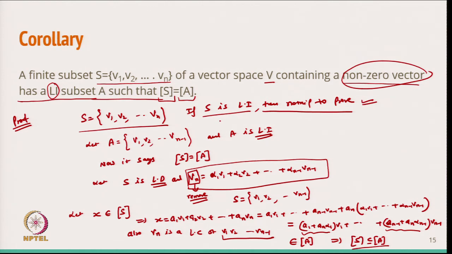Okay. So, from here I am taking that if S is linearly dependent, then we have taken a subset of S, that is A, which is Li, and then I have proved this one.